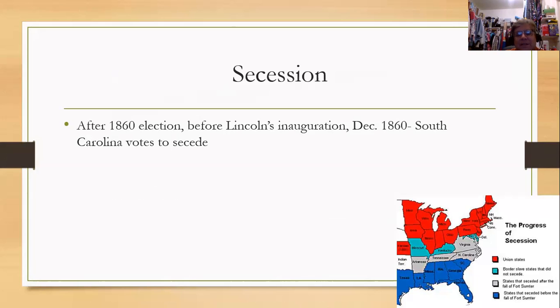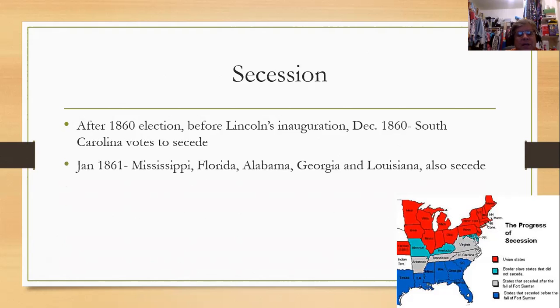In December of 1860, the South Carolina legislature voted to secede. In January, still before Lincoln's inauguration, five more states, Mississippi, Florida, Alabama, Georgia, and Louisiana, the Deep South, also seceded.